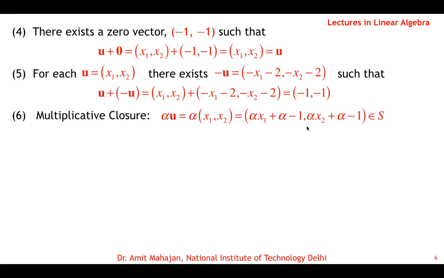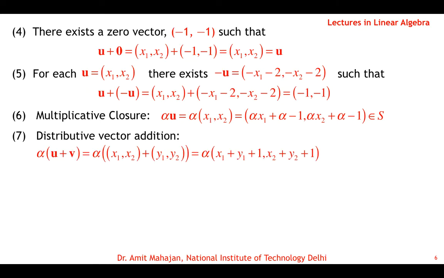Clearly, because x1 is a complex number and alpha is just a scalar, we can multiply and see that this will be a complex number. Similarly alpha x2 plus alpha minus 1 will be a complex number, so two complex numbers written inside brackets separated by a comma, so this must belong to S. So for every u vector, alpha u belongs to S.